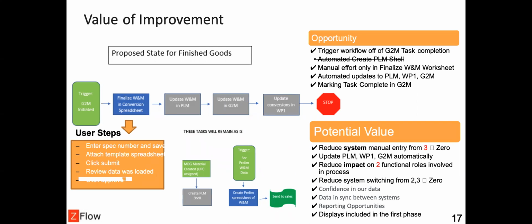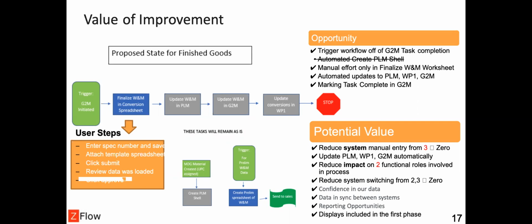We also didn't touch creating the PLM shell because that's a whole other system and a whole other piece of the process, not really directly related to the weights and measures data itself. So we wanted to address that separately. We leave those alone and take the rest of that process.